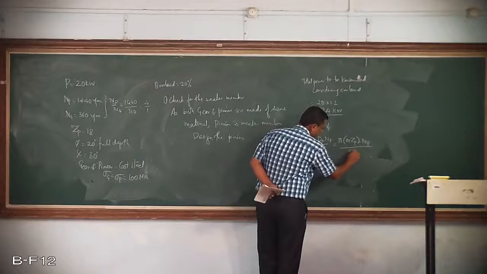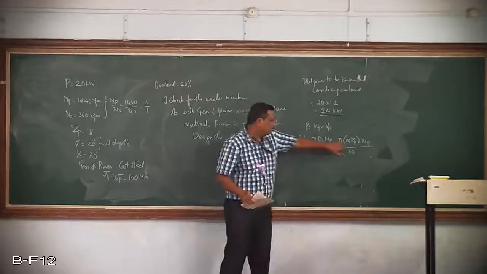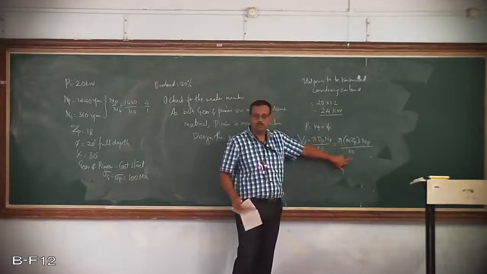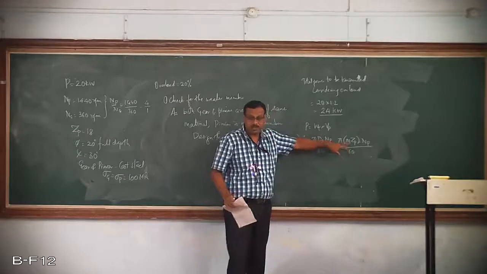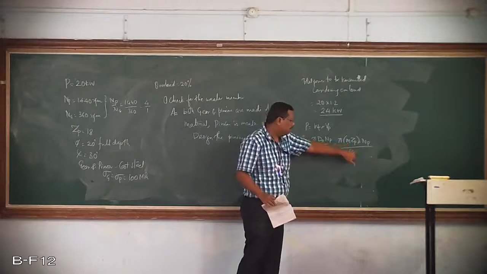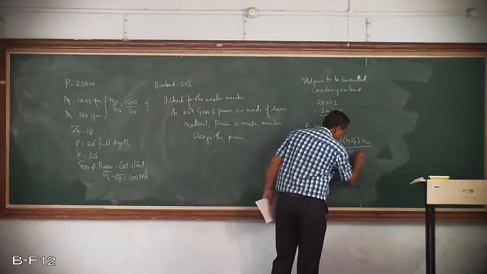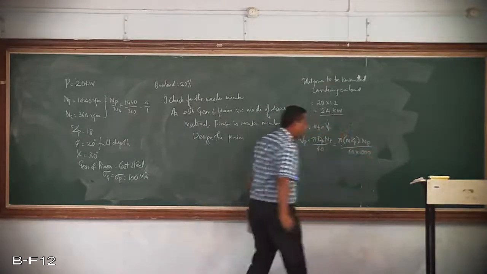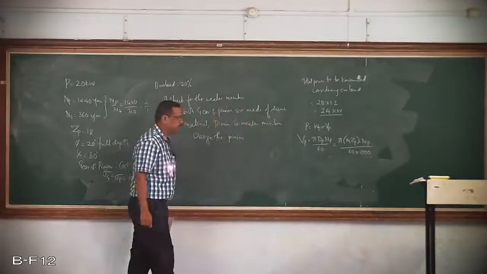If you take module in millimeters, divide it by 1000 to get the velocity in meters per second.